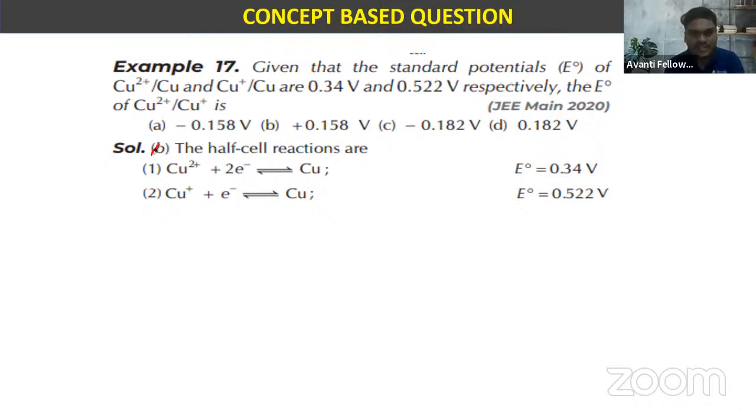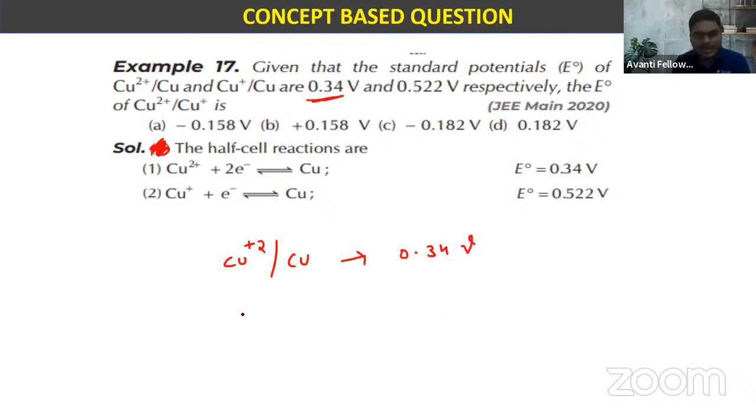How will you solve such questions? Quickly tell me. You are given the E naught of Cu2+ to Cu and Cu+ to Cu. For Cu2+ to Cu, reduction takes place and the value is 0.34 volt.